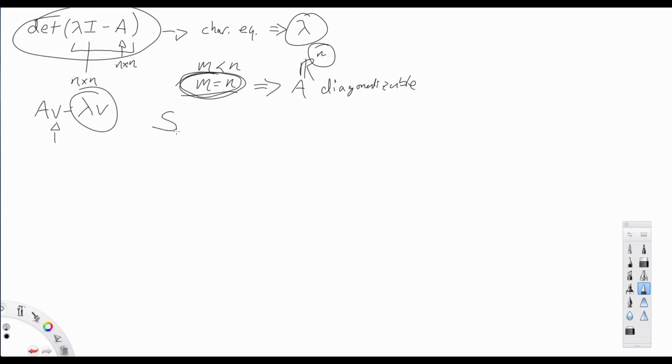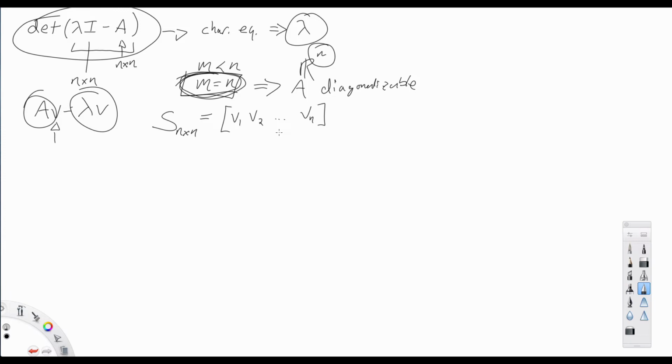I'm going to call it S, and this is going to be an n by n matrix, defined as the concatenation of these column vectors v1, v2, all the way up to vn, where each of these is one of the eigenvectors associated with the matrix A. And if m equals n, then each of these eigenvectors is linearly independent.